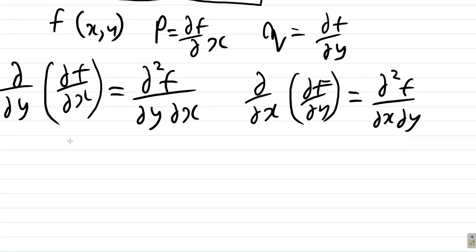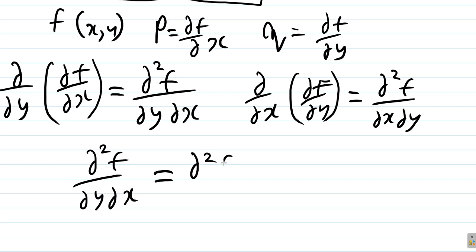Now we saw before that the partial squared f by partial y partial x will always be equal to the partial squared f by partial x partial y, right?